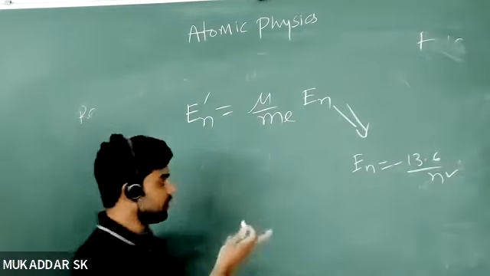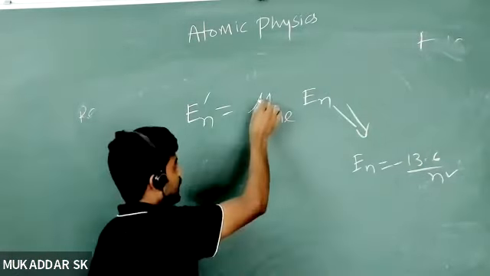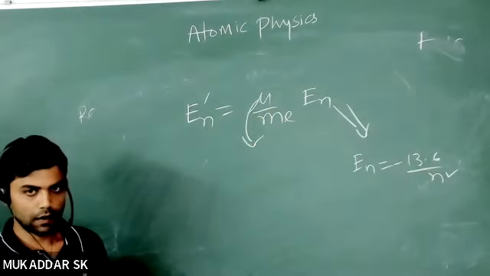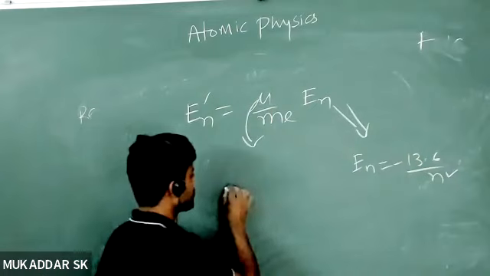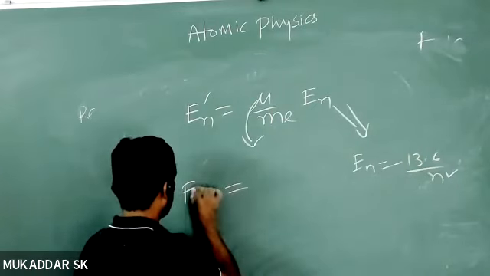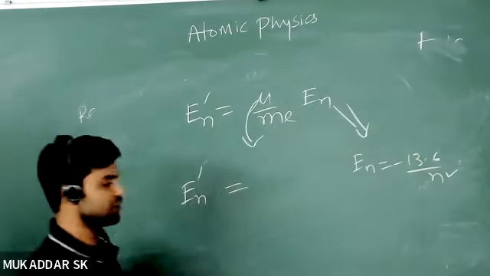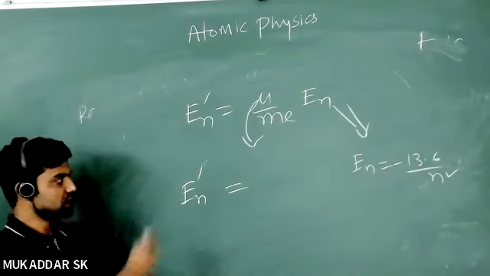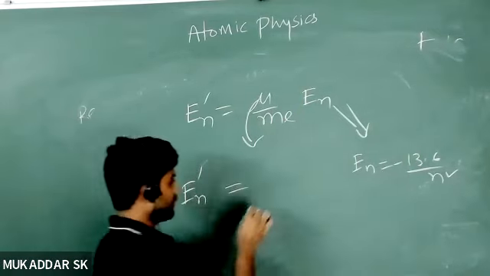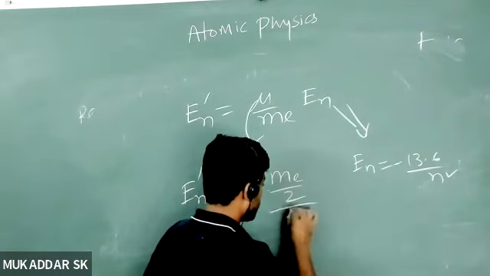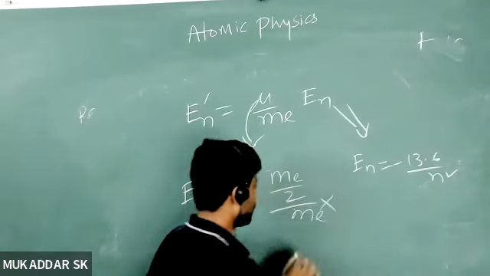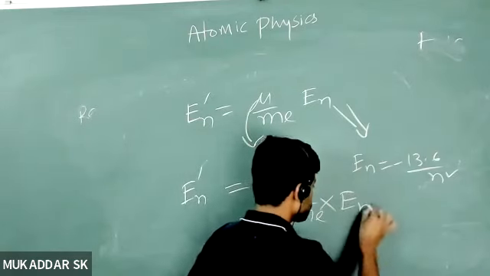And for this positronium system, the value of mu was me by 2. So the nth level energy for this system will be En dash, which is nothing but me by 2 divided by me, into En.